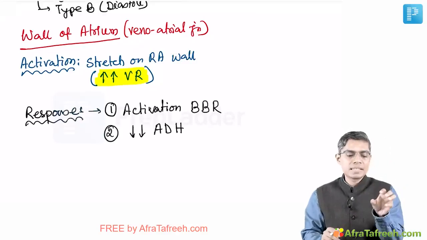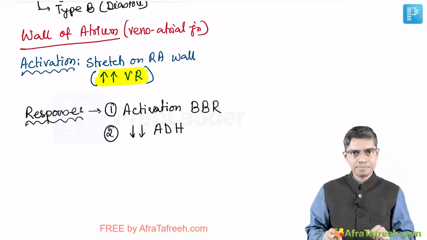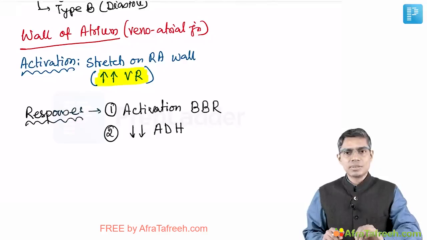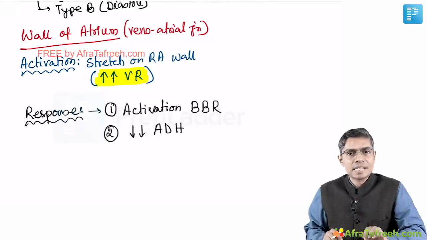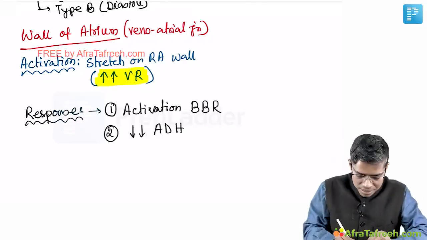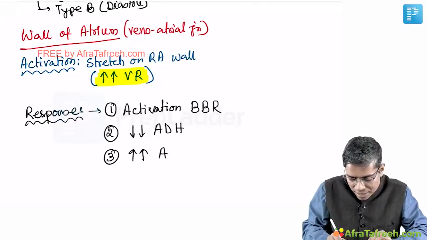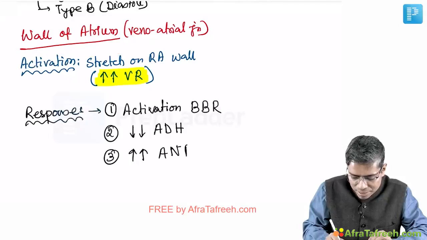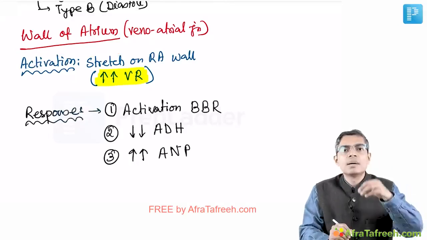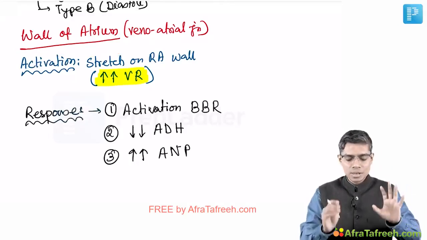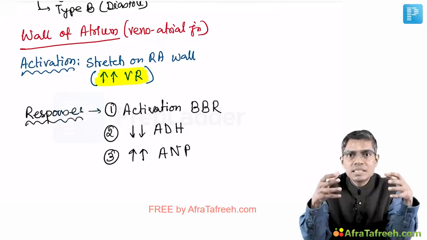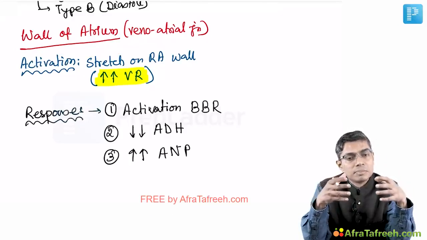So this right atrium has some connection with the hypothalamus, the hypothalamic nucleus which synthesizes this ADH hormone. So ADH secretion will be decreased, and there will be increased production of atrial natriuretic peptide from atrial myocytes.